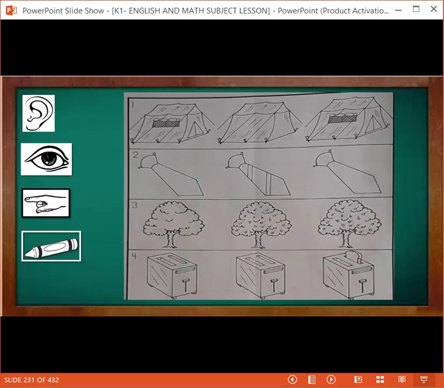Where is the same picture? Point to it using your pointer fingers. And the last one, get your brown crayon and color it brown. All the same pictures, color them brown in your page 5.